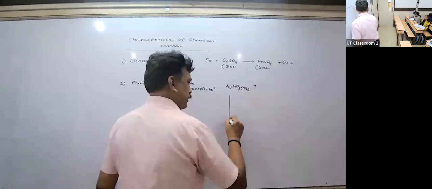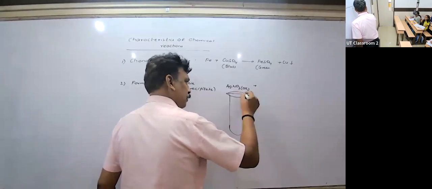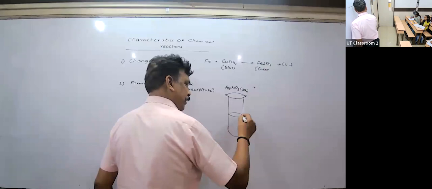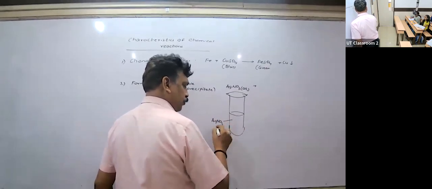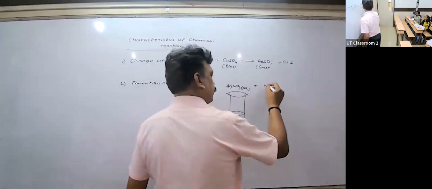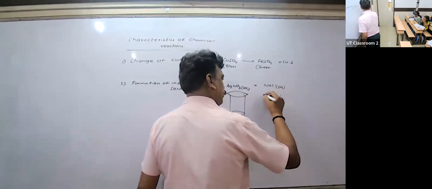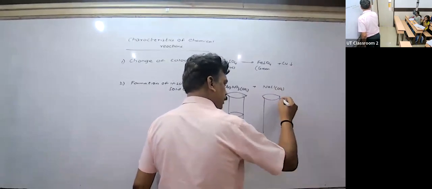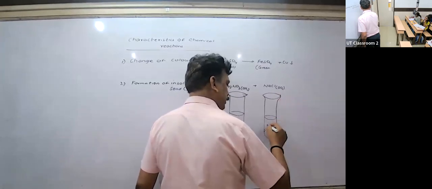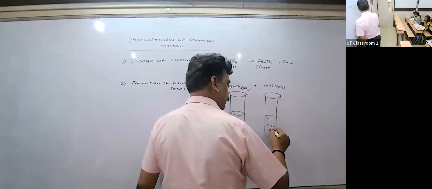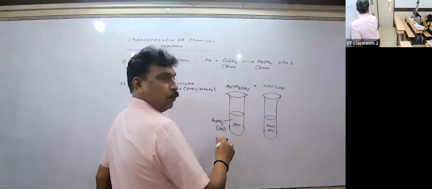Let us say there is a test tube containing silver nitrate aqueous solution, and you react it with NaCl, which is nothing but sodium chloride, purified of course. This time you take NaCl solution and AgNO3 solution. Now both are colorless.